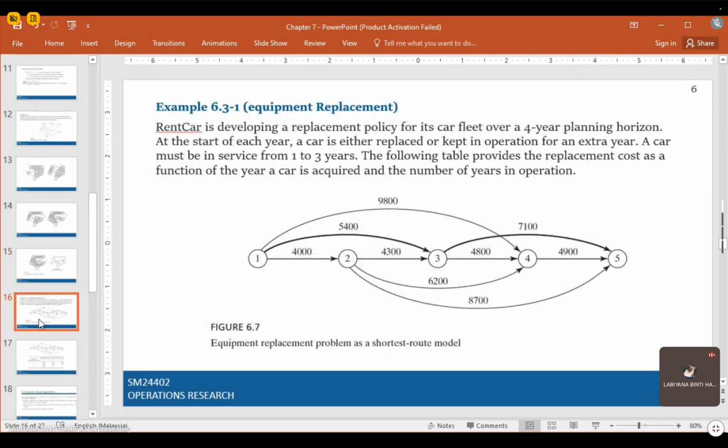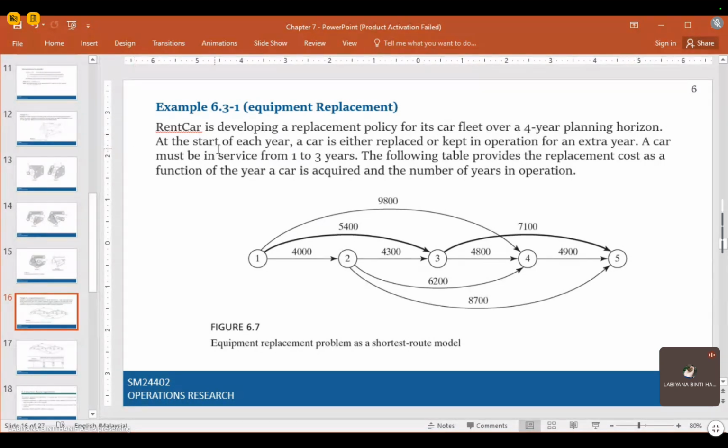Let's look into the third example, example 6.31, equipment replacement. Renca is developing a replacement policy for its car fleet over a 4-year planning horizon.